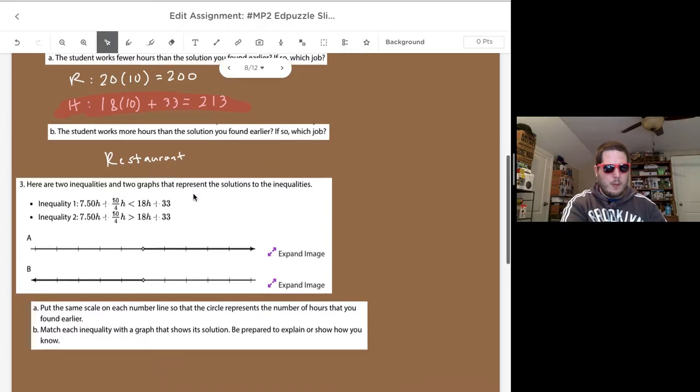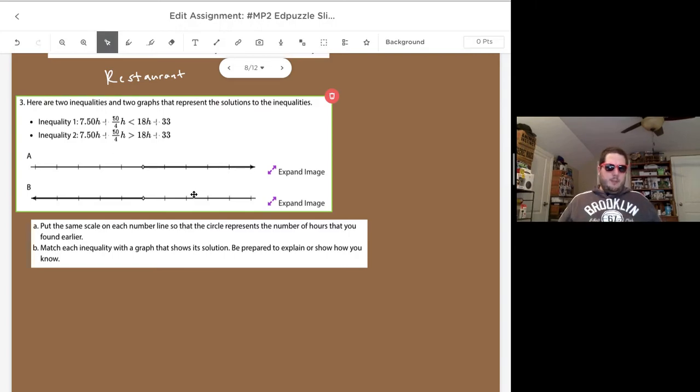Okay. All right, last part here. So here are two inequalities and two graphs that represent the solutions to the inequalities. Put the same scale on each number line so that the circle represents the number of hours that you found earlier. Match each inequality with a graph that shows its solution. So I think what they want us to do here is put 16.5 right here.